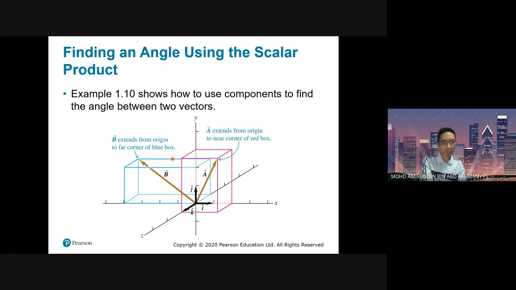You have the vector A, which can be translated into the I and K components, and also the J component. While the vector B can be translated into the vector K and I as well, and also the vector J.